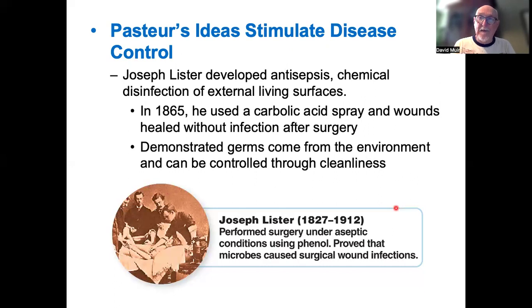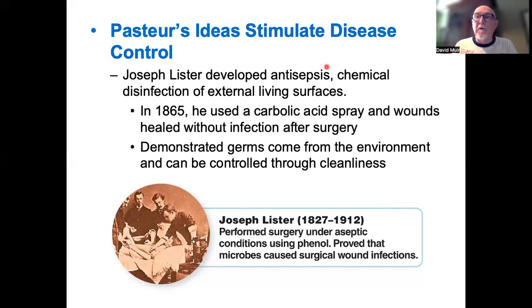They stayed still. Infection was still a major problem, however. But this surgeon here, Joseph Lister, heard about Semmelweis's work, heard about Koch's work, paid attention to what Pasteur was saying, and decided that he was going to set up an operating room effectively with no bacteria or as few bacteria in it as possible.